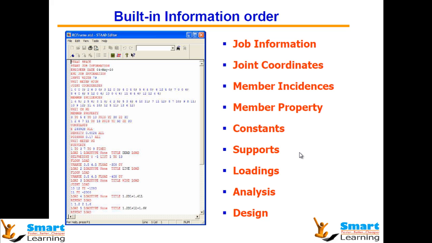You define the foundation, maybe the fixed joint, pin support, or roller, and then you define the loading, which is also decoded here as dead load, live load, wind load, or any type of loads or load combinations. Finally, you do the analysis, then you validate the design and you can make changes. By using this inbuilt information order form, you can quickly edit and change whatever you need to.